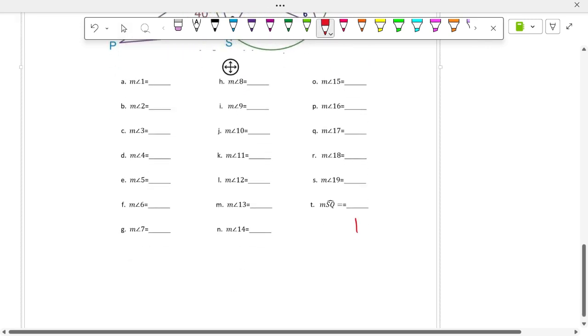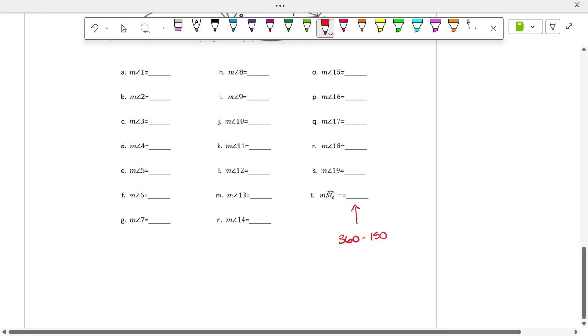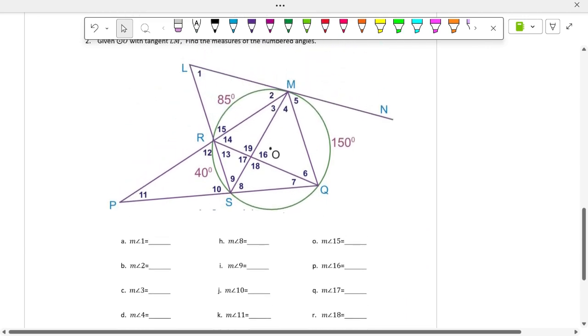So, for SQ, I'm going to do 360 minus 150 minus 40 minus 85 will give you what? It's 85 degrees. So this arc right here will be 85 degrees.